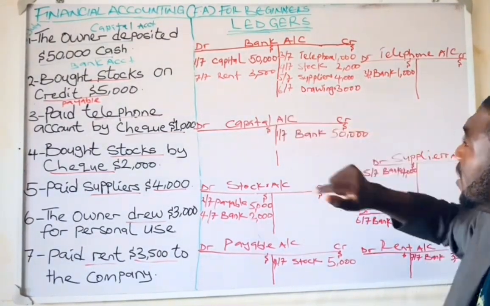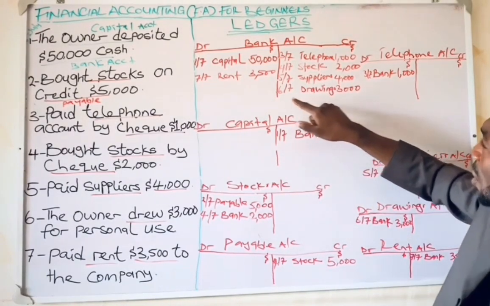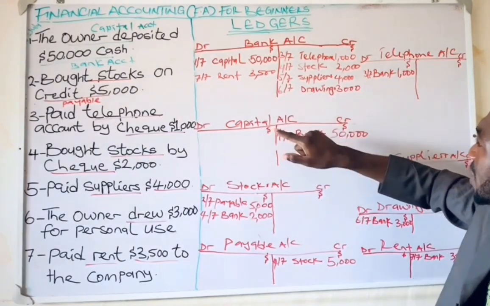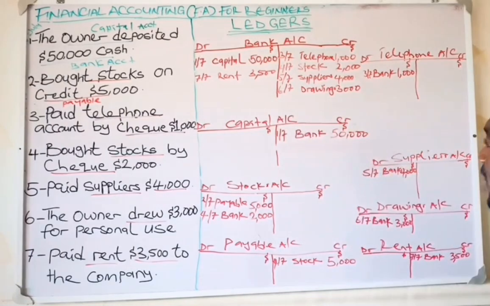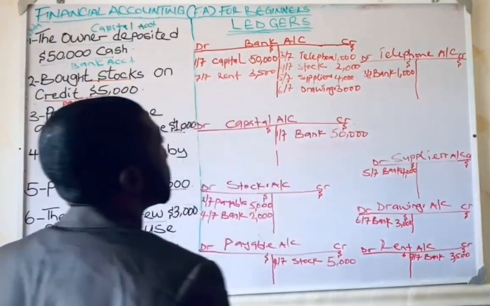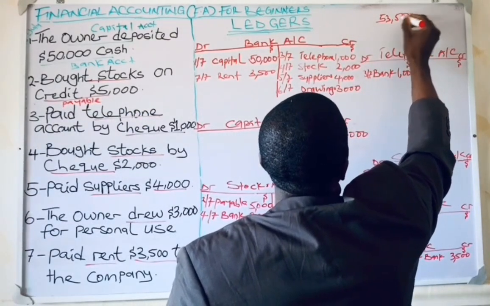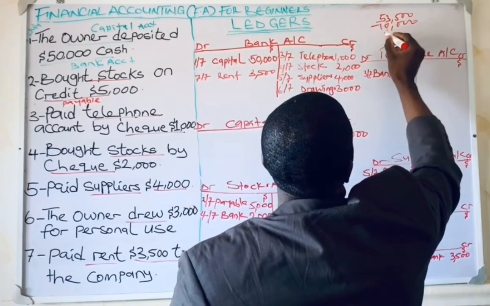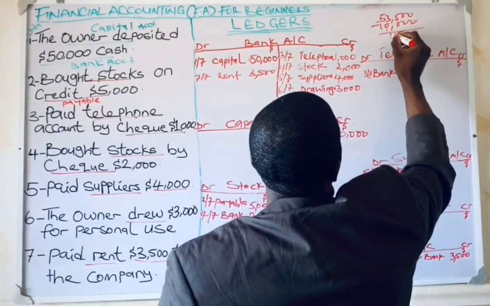The balancing amount is what, if you put it here, will make it the same as this 53,500. So you now take 53,500 minus 10,000. That gives 43,500.